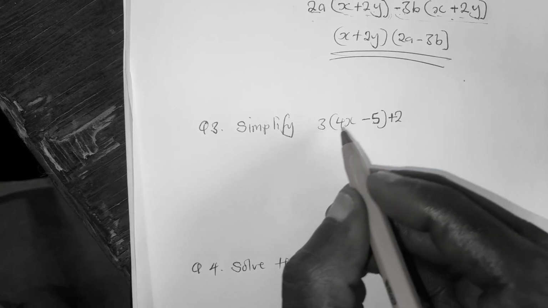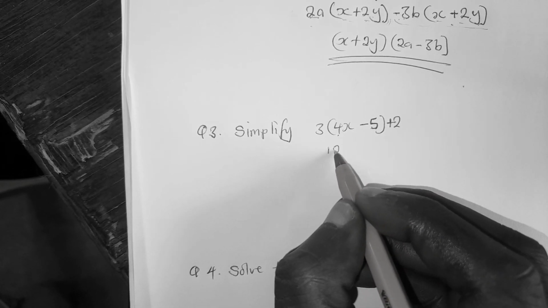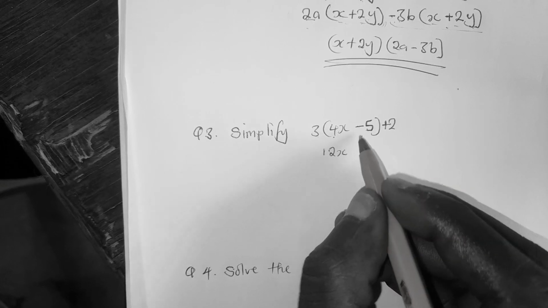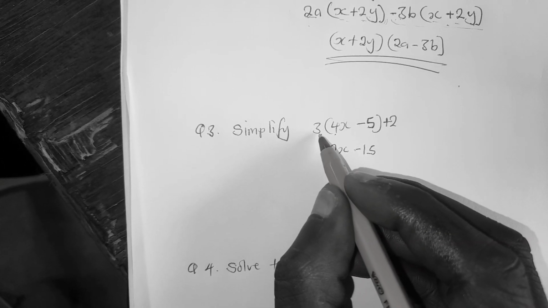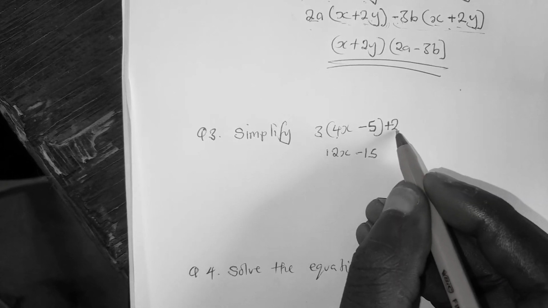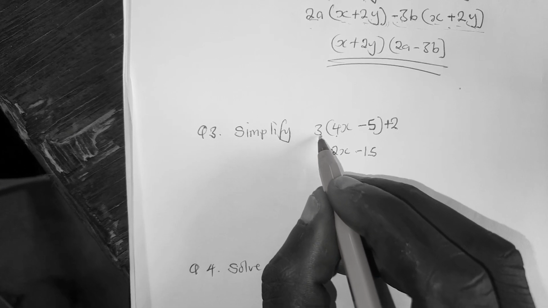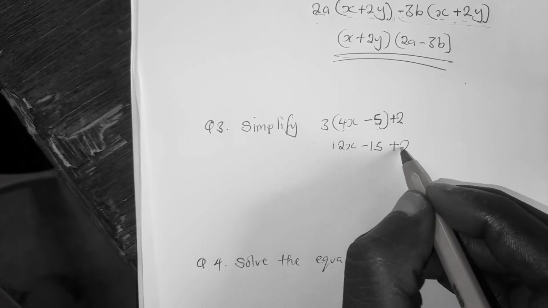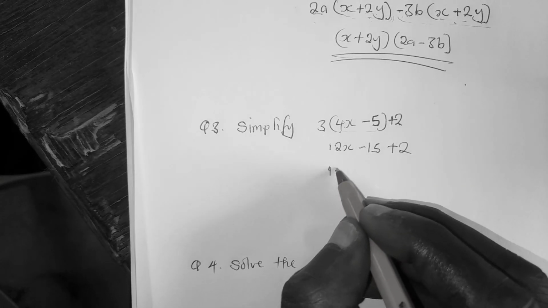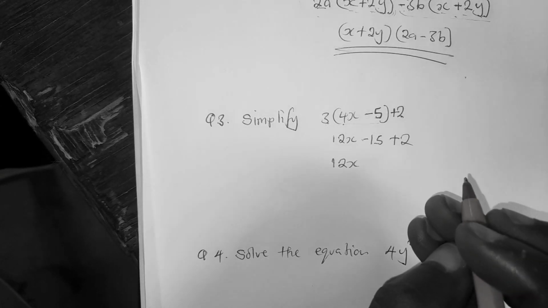When you expand, 3 times 4 will be 12x. 3 times negative 5 is negative 15. Then you don't multiply this 3 with anything outside. We only expand using whatever is inside. So this 2 comes the way it is: 12x negative 15 plus 2.